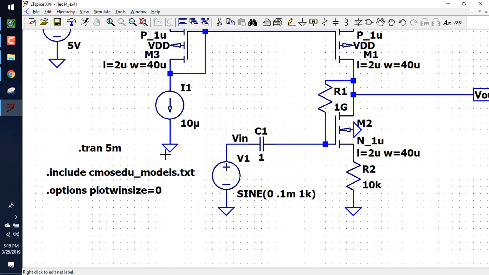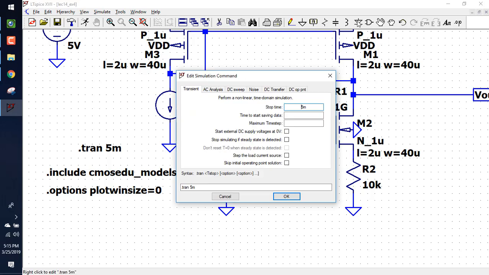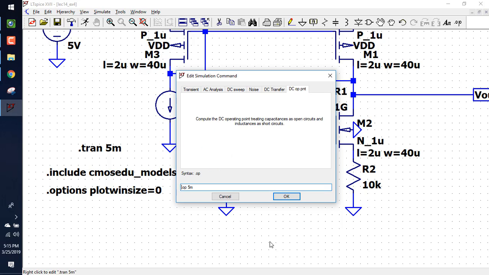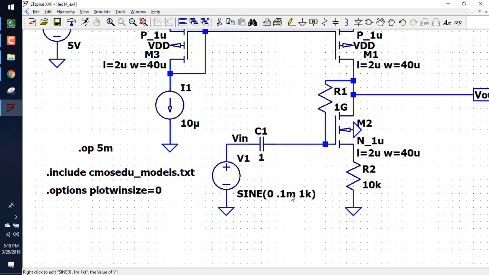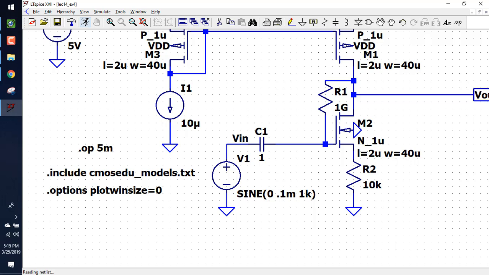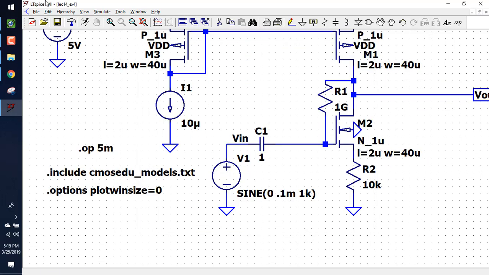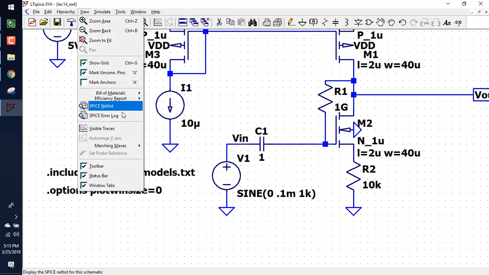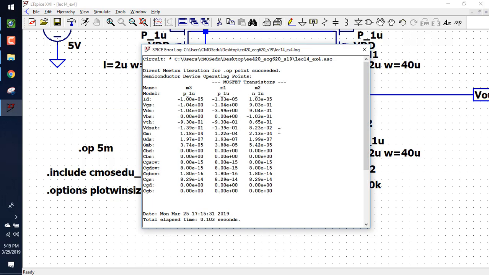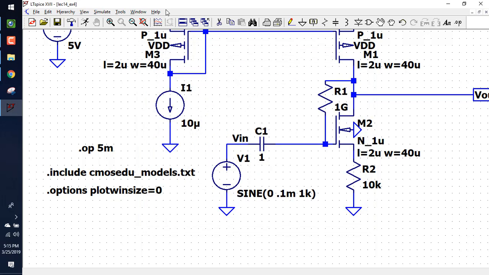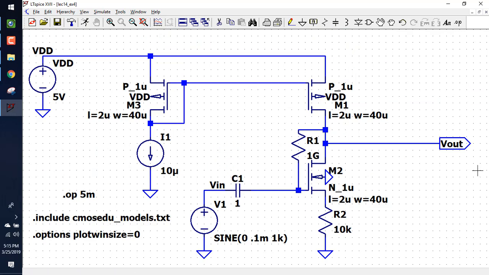And you know what, let's do real quick before I do this. Let's do a .op to see how much the operating point changes. Shouldn't change, but we'll see. View, Spice error log, GM. It didn't change too much, did it? GDS, they didn't change too much, right? Yeah, that's why you use a beta multiplier and you do things with constant current for biasing.